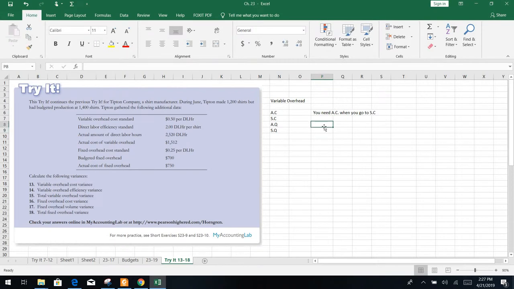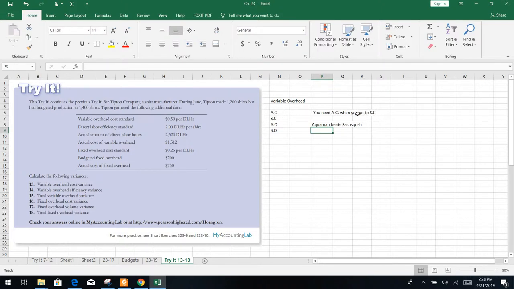And for the AQ SQ sequence, Aquaman beats Sasquatch. One good thing about this silly little memory device is that it's in the correct sequence.